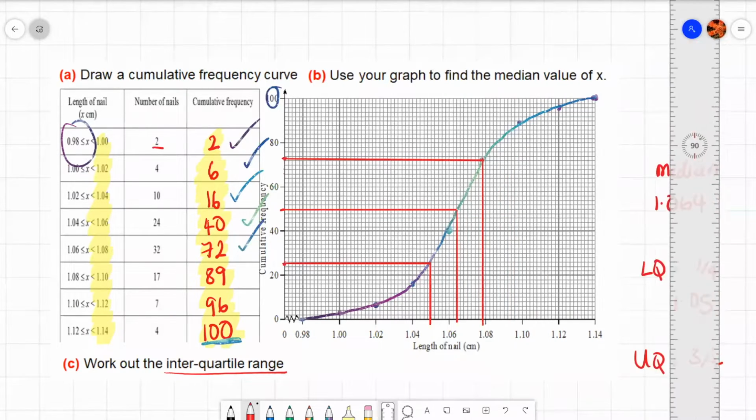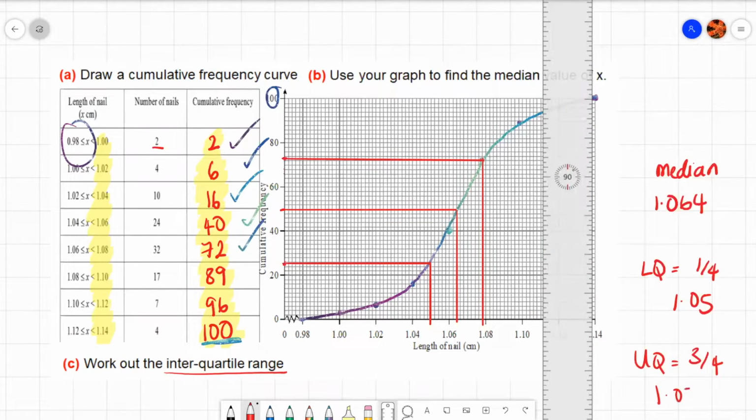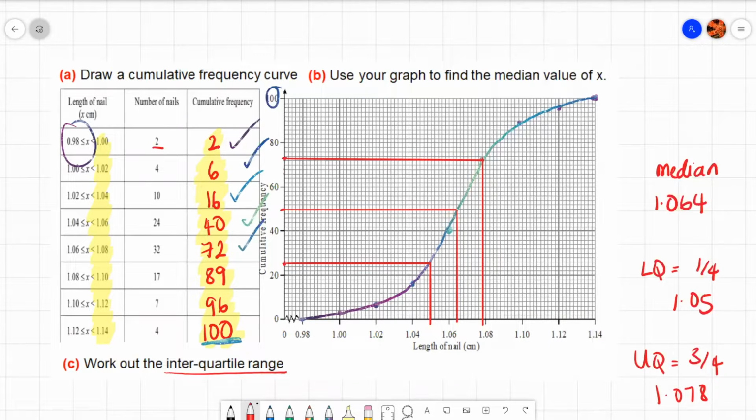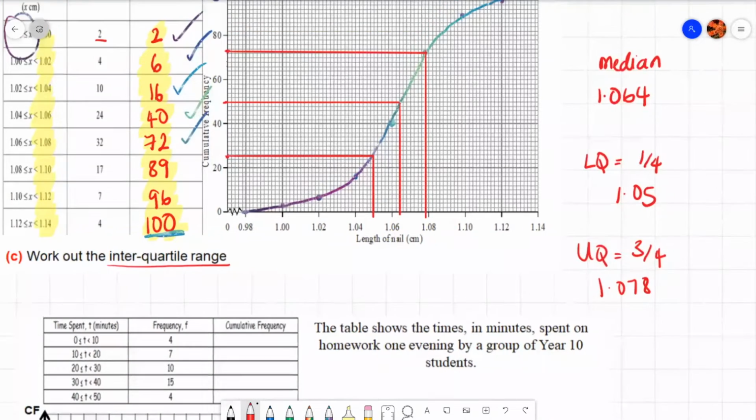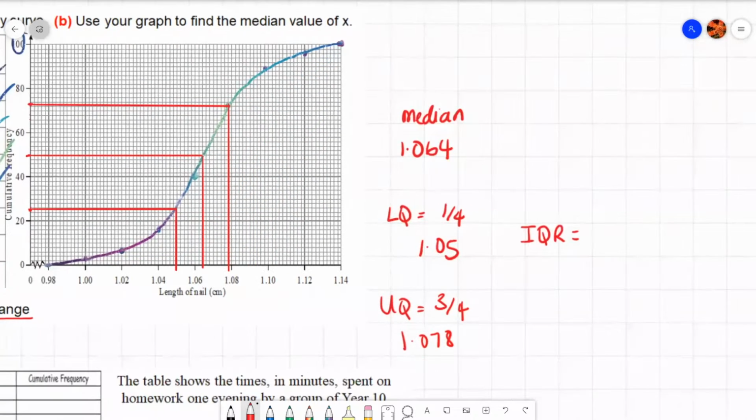And what have I got? Well, it's 1.078, isn't it? Rightio. And then your interquartile range would be the upper quartile, take away your lower quartile.